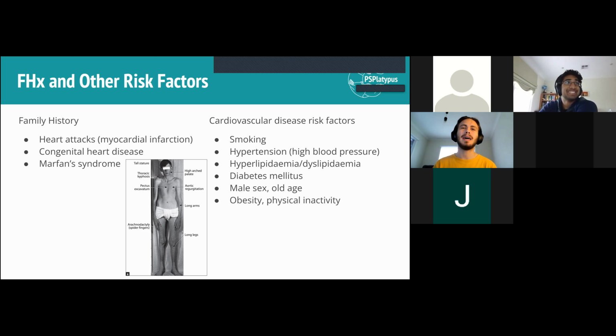Sorry. And Marfan syndrome is a connective tissue disorder that basically means that people grow to be very tall. They have things like pectus excavatum, so that little dip in their chest, in that sternum area, and very long limbs and fingers.